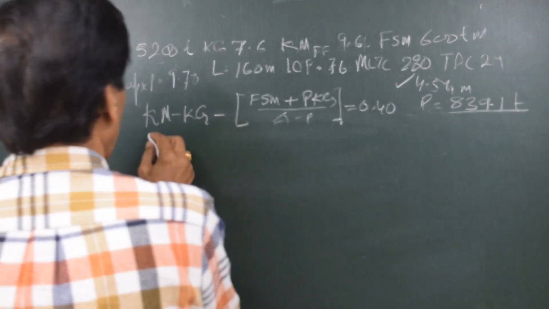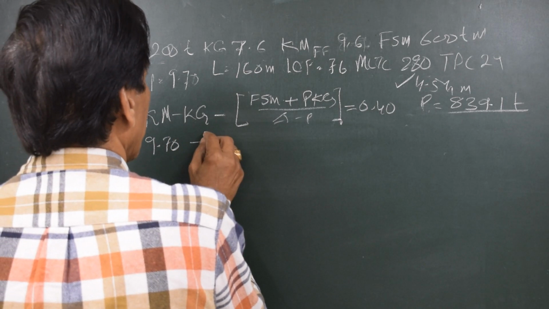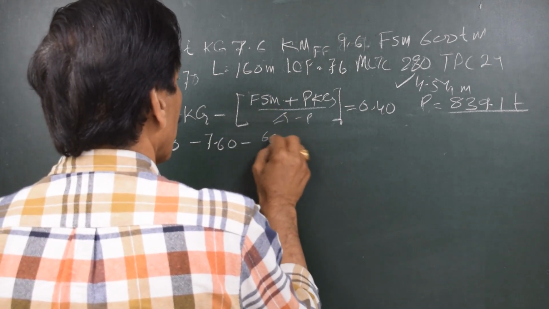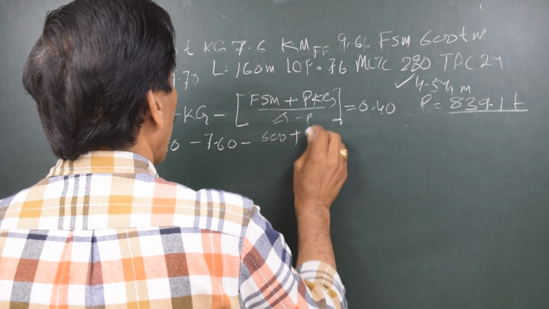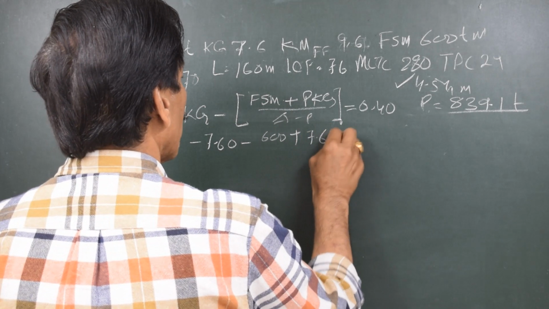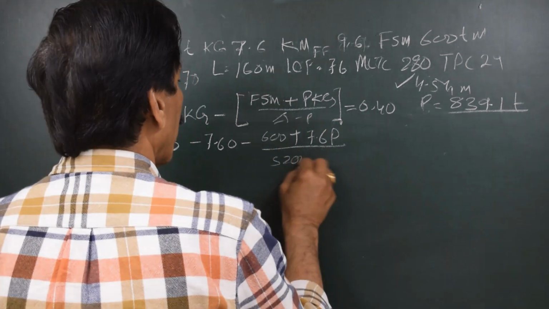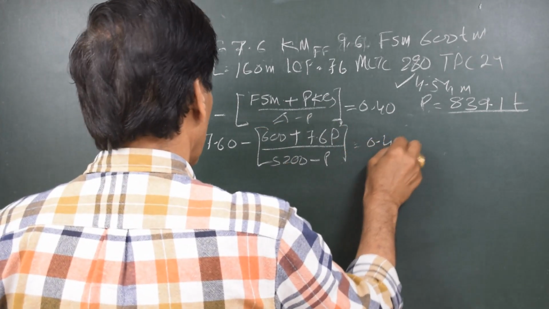In the same equation I will write now KM equal to 9.70, KG is 7.60 minus FSM 600 plus PKG will be 7.6P divided by 5200 minus P equal to 0.40.